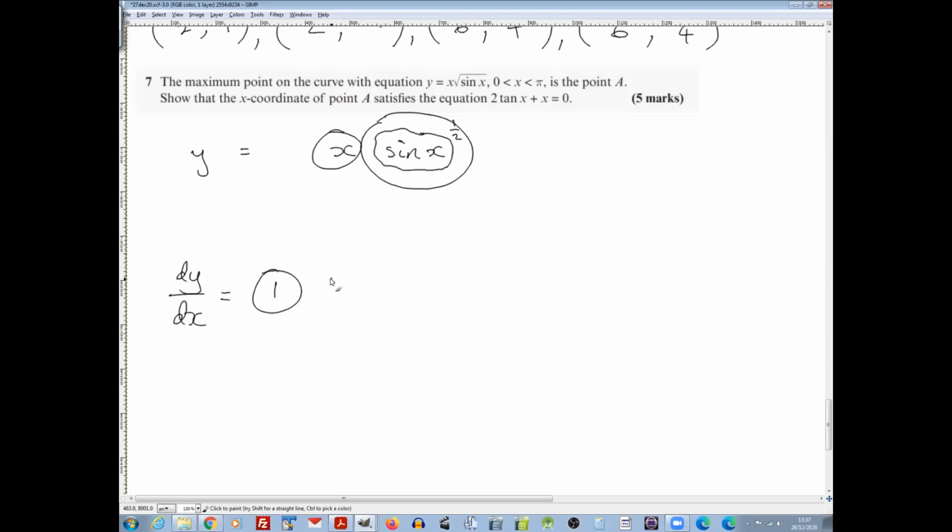Let's call that sine x over root sine x, because it is, isn't it? Because sine x is root sine x times root sine x.